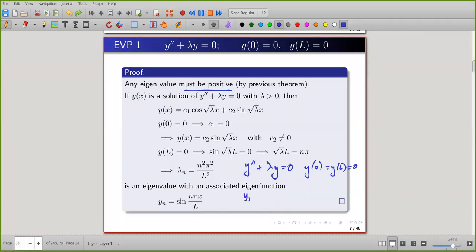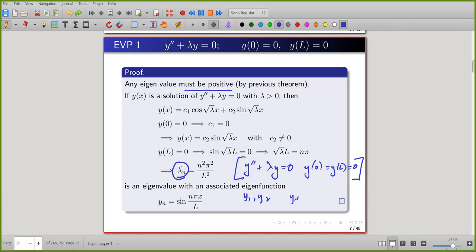If we take two functions y1 and y2 which are solutions to this problem, then all linear combinations of these two also satisfy this problem. Therefore it is a vector space of functions, and therefore we can talk about the dimension of that vector space and stuff like that. Yes, I did say that the space of eigenfunctions for any lambda n is one dimensional.